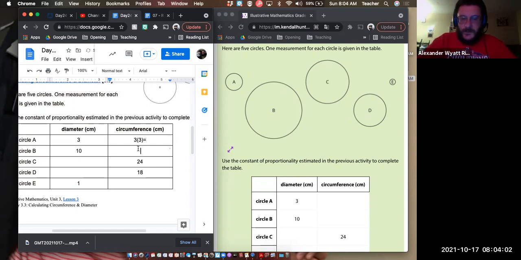And then this would be 3 times 10, and you would get your answer. Now 24, you get your circumference, right? So this would obviously be 24 divided by 3, 18 divided by 3, right? And then again over here, you want 3 times 1 equals.